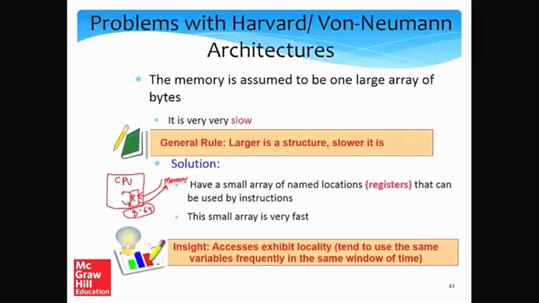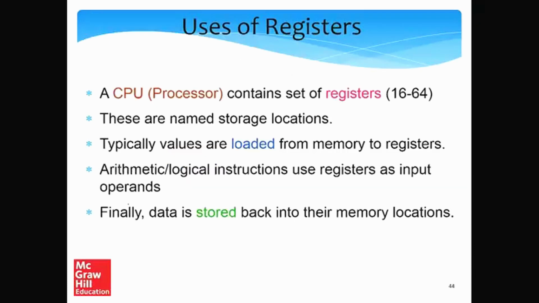So you keep them in registers and can access them very quickly. You don't have to access a large and slow structure like memory. The uses of these named storage locations are as follows: we read them from memory to the set of registers using load instructions.